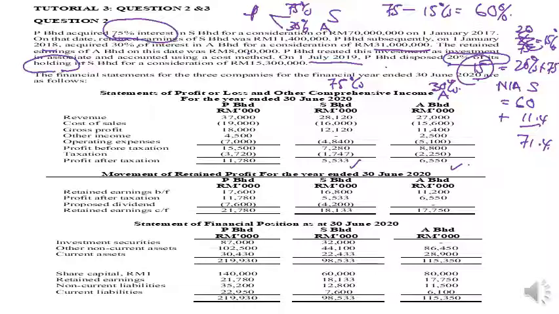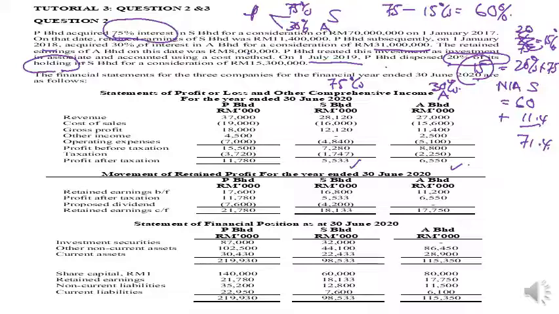Okay, 20% of its holdings here means 20% out of that 75%, so not divide, it's supposed to be times, because it said dispose 20% from its holding.